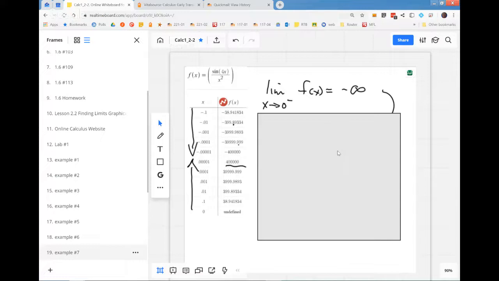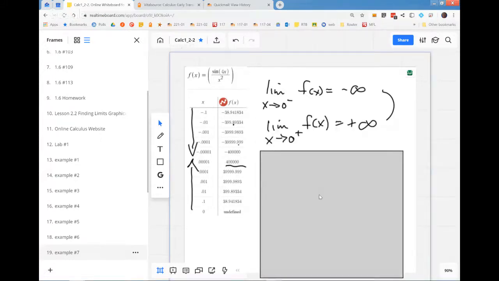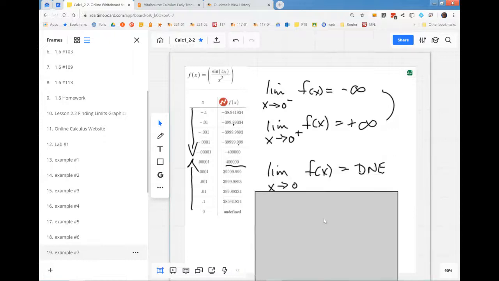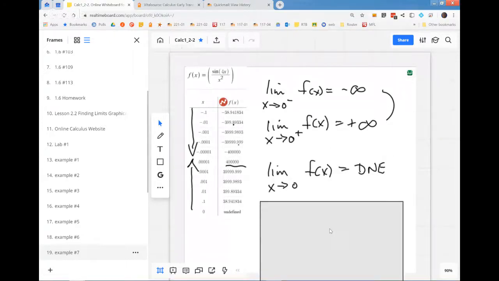That's where it's headed. And the right-hand limit is the opposite, positive infinity. Notice these two left and right-hand limits do not agree. So we would say the limit of the overall function does not exist.